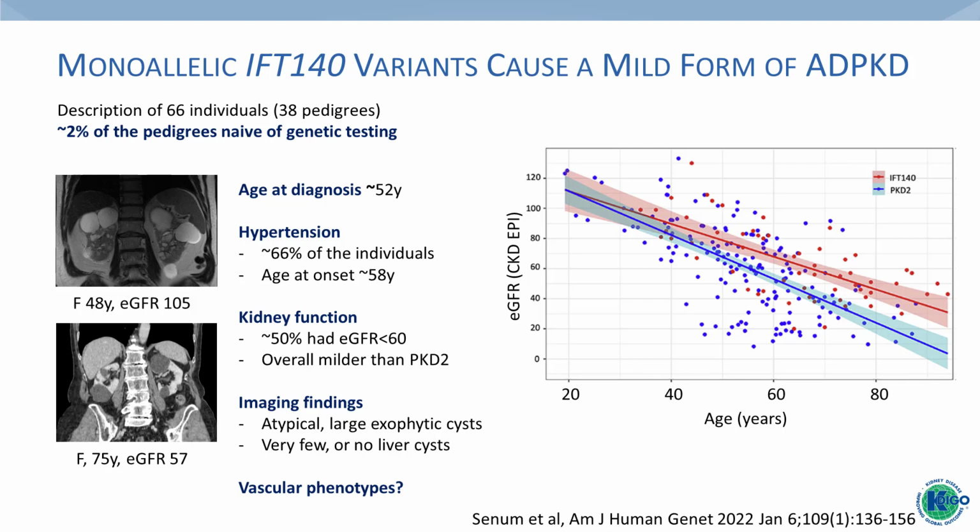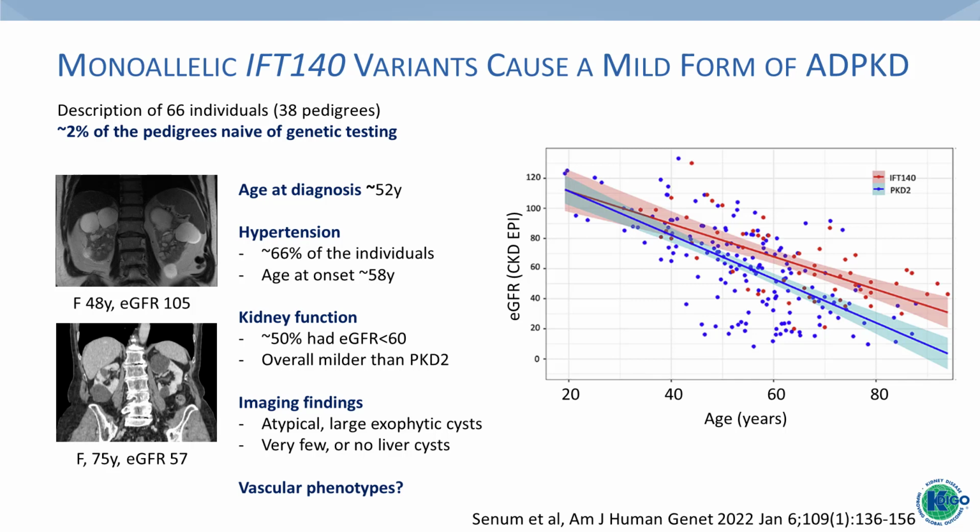And so ADPKD IFT140 is not extremely rare, and there are probably patients in every nephrology center. Age at diagnosis was 52 years, and a majority of the individuals were hypertensive, with a diagnosis of hypertension approximately 30 years later than in ADPKD PKD1.